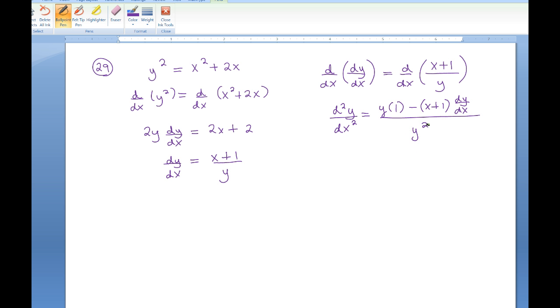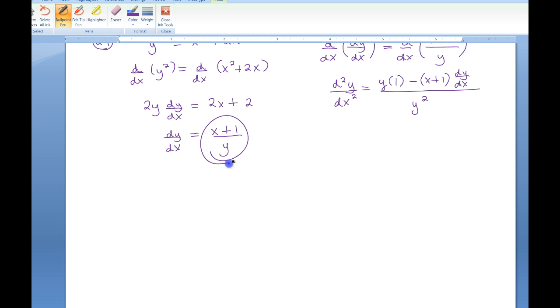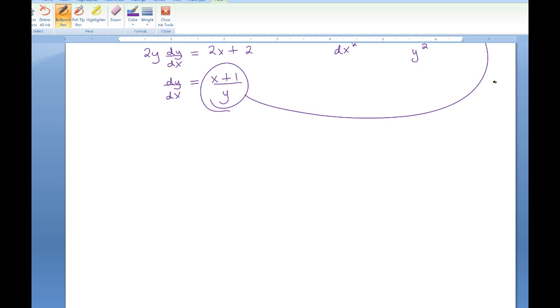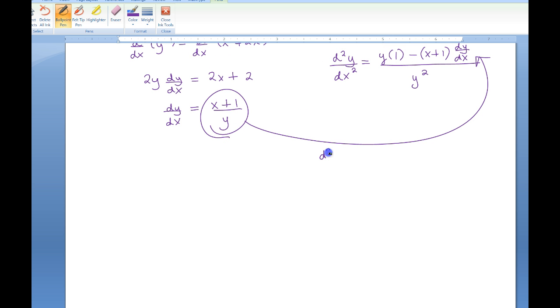Cross the line and square the low. Now we take the x plus 1, and we're going to plug it in for dy/dx. So I have the second derivative. It's going to be y minus x plus 1 times x plus 1 over y, all over y squared.